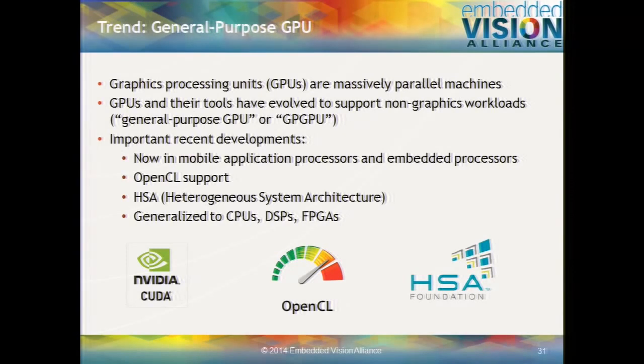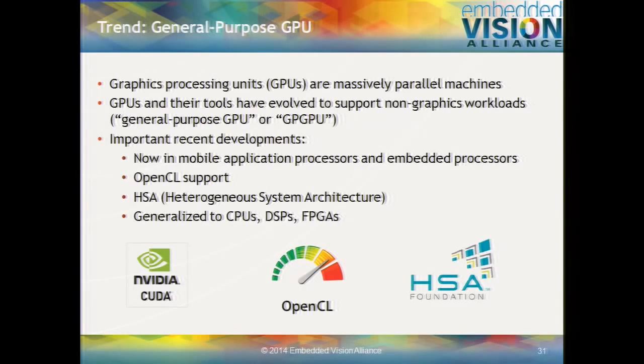This is getting easier now with non-proprietary programming languages like OpenCL that enable you to program the GPU in a way that's not specific to that GPU supplier. NVIDIA really pioneered this approach. Their version of it is branded CUDA, but it is NVIDIA's proprietary programming language.